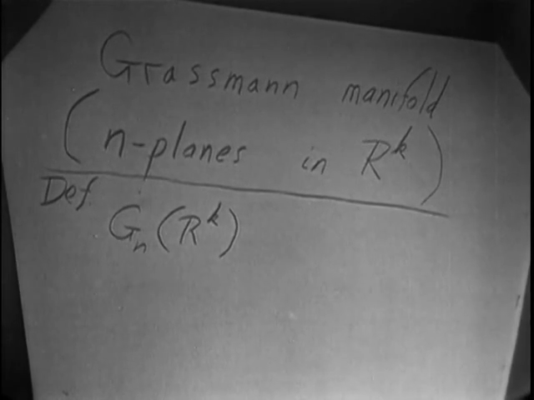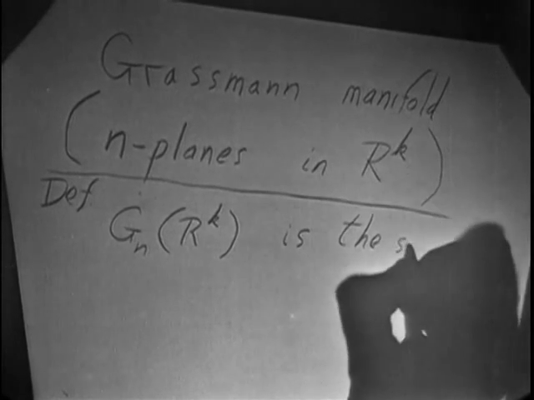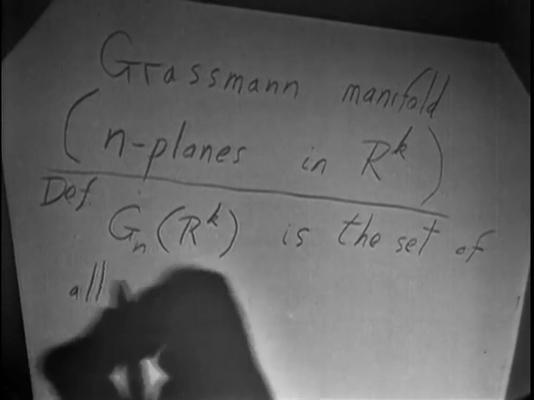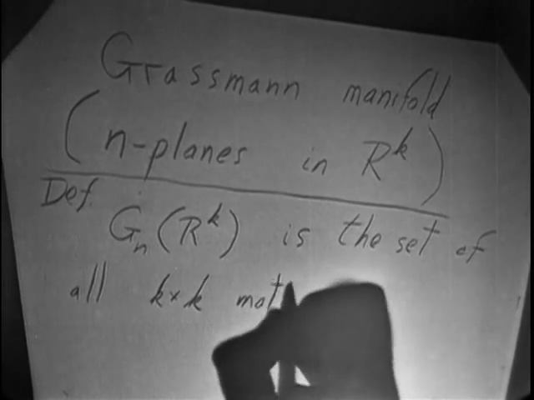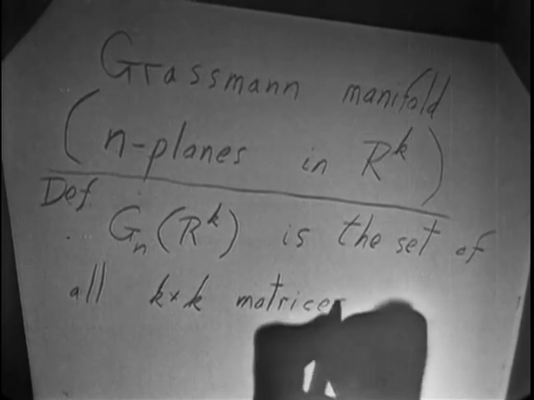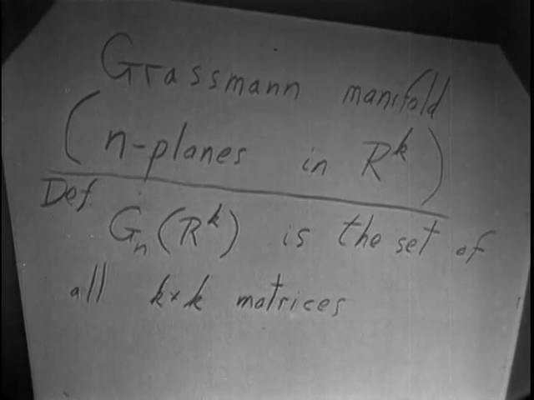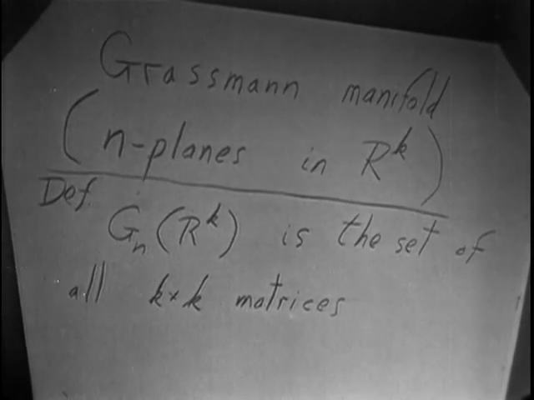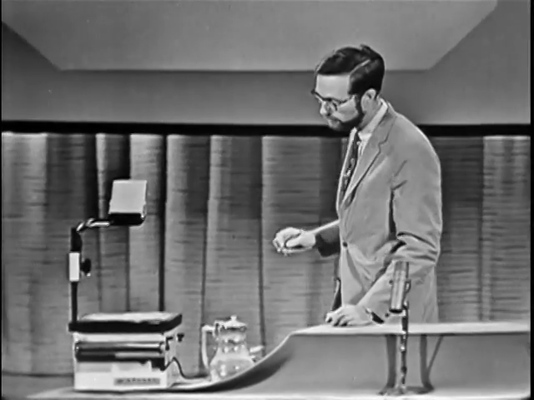Gn of Rk is the set of all k by k matrices which satisfy certain conditions. If I just said the set of all k by k matrices, I would have a Euclidean space of dimension k squared. So it's clear already that we have a subset of a Euclidean space.